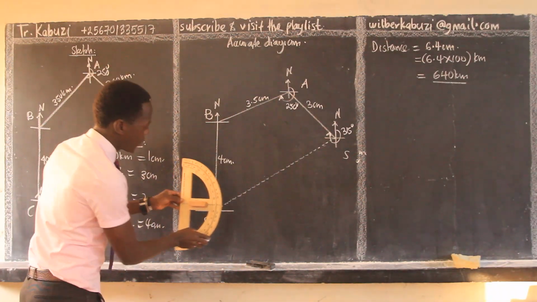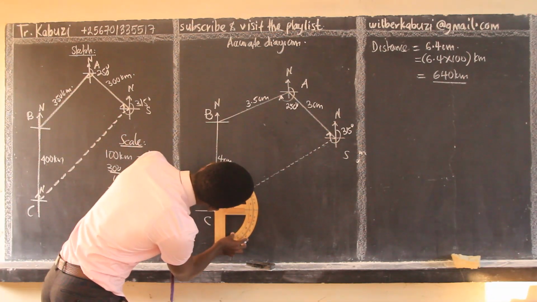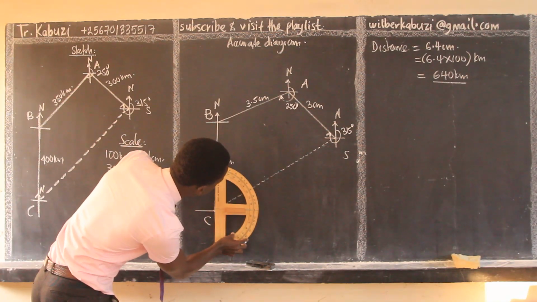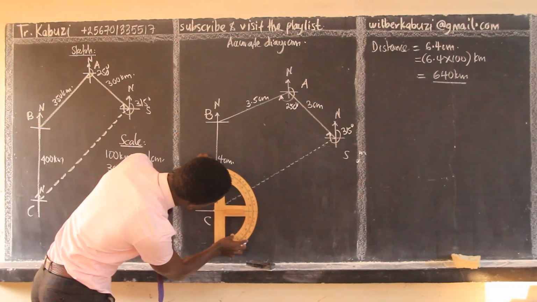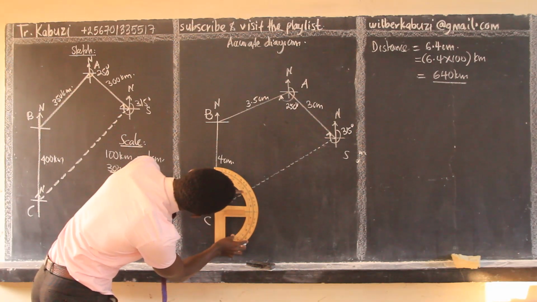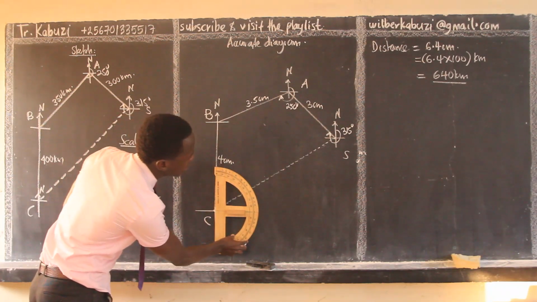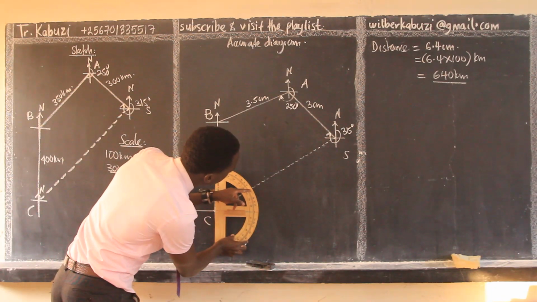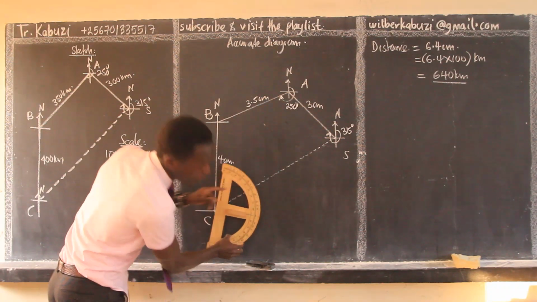So now I put here my protractor so that I can know the bearing. Clearly, it's going to be 58 degrees. Actually, 57 degrees. Yeah, 57 degrees.